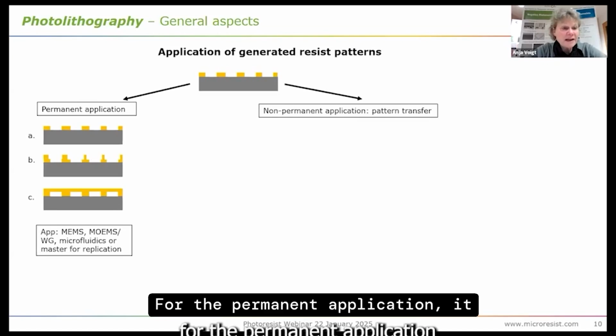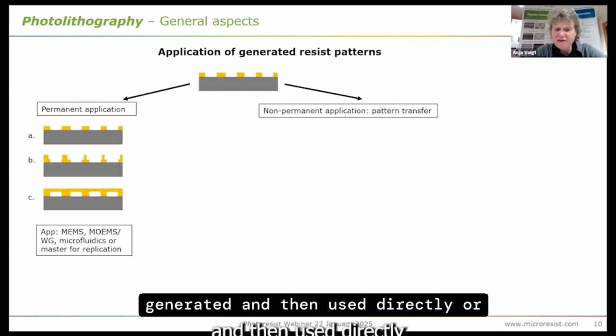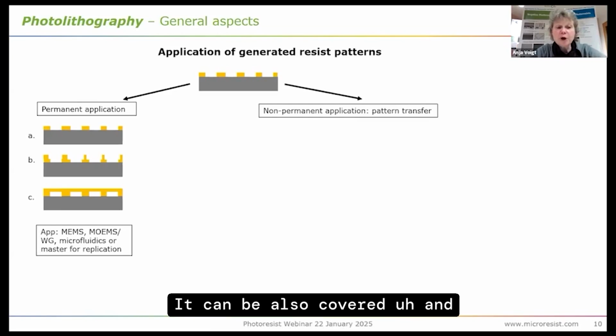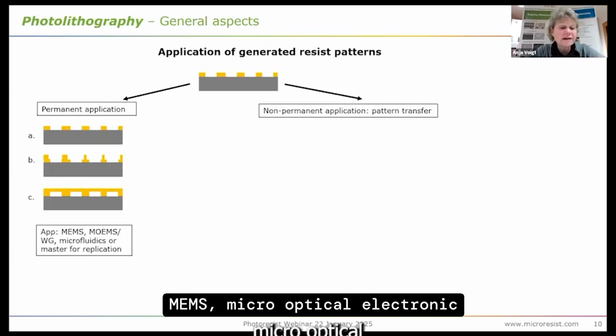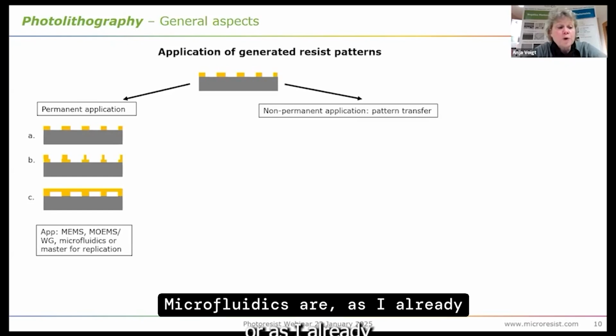For the permanent application, either a single layer or a double layer pattern is generated and then used directly or replicated somehow. It can also be covered, and applications could be here for MEMS, micro-opto-electro-mechanical systems, waveguide applications, microfluidics, or, as I already said, masters for replication.